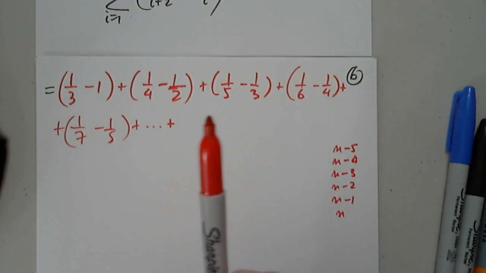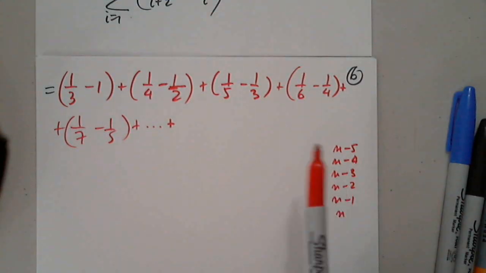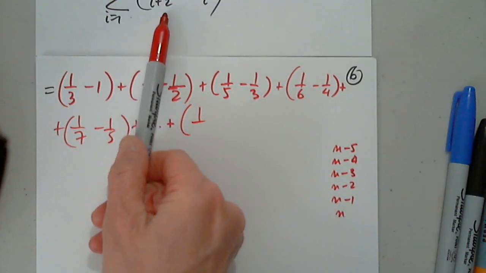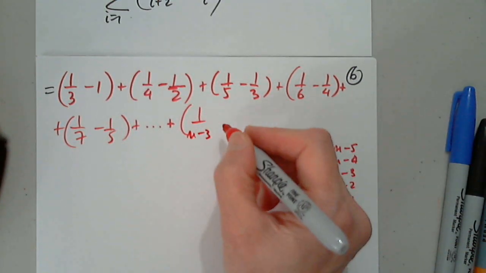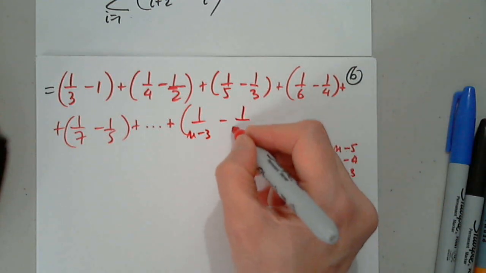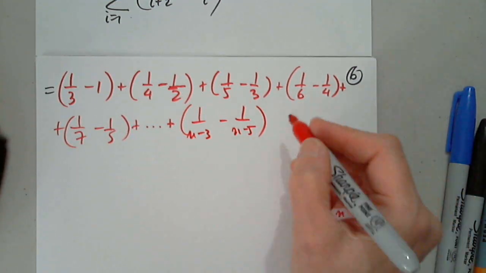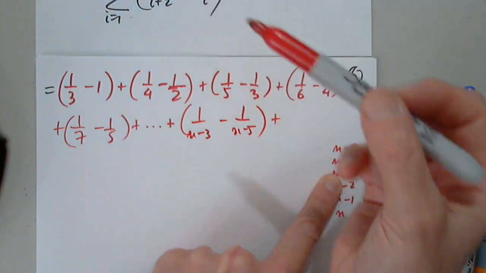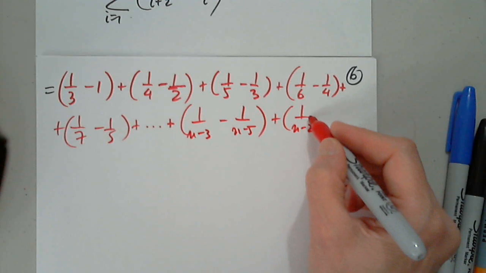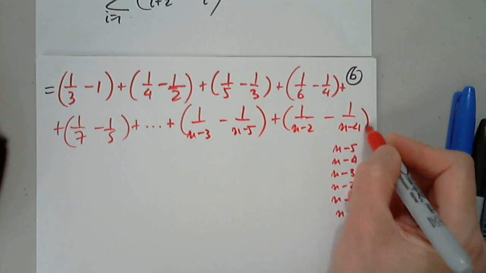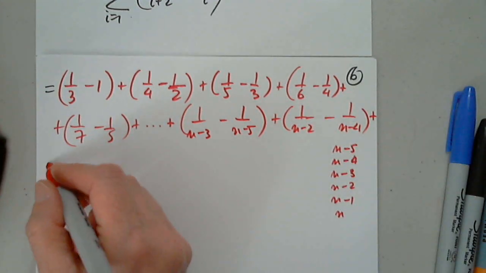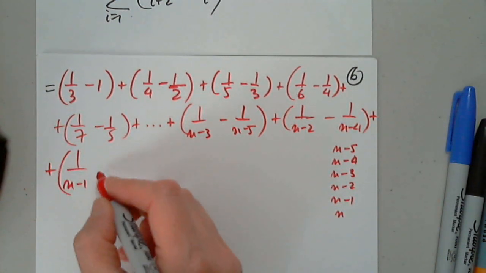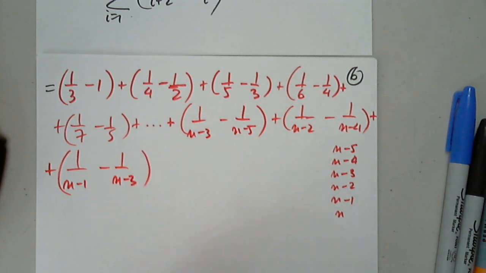When i is n minus 5, it will be 1 over n minus 3 minus 1 over n minus 5, plus, when we reach n minus 4, 1 over n minus 2 minus 1 over n minus 4, plus, for n minus 3, 1 over n minus 1 minus 1 over n minus 3.